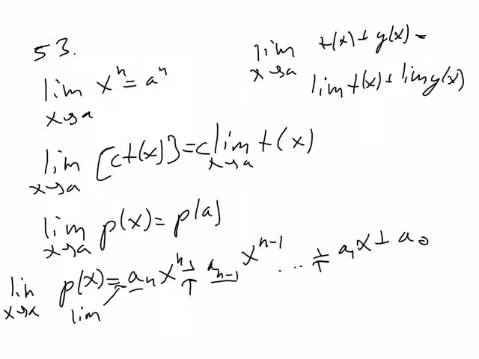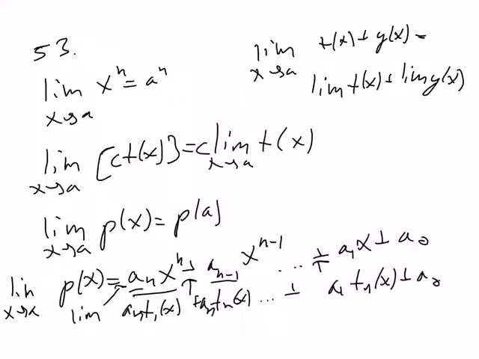For us, this can be thought of as a constant a_n times f1 of x, plus a constant times f2 of x, dot dot dot, plus a1 times f_(n-1) of x, plus a0. Right, we can think about a polynomial like that.